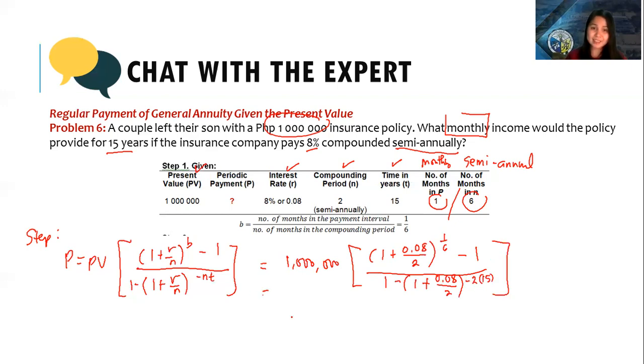Using your calculator, the son will receive 9,481.53 pesos per month for 15 years. If you need to review this problem, you can pause this video and check if you'll get the same answer.